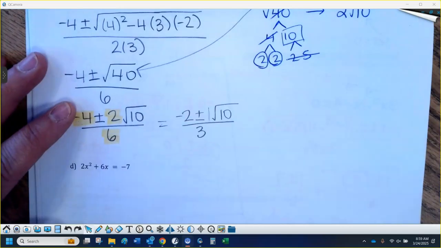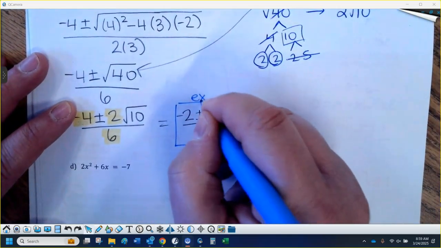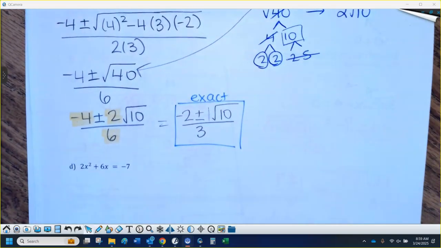Okay, now this is what we call an exact answer, because I have exactly what that's equal to. I didn't round anything. I reduced a little bit of a fraction, but that is what we call an exact answer. Now, on all the other questions we've had so far, we haven't had anything left under a square root, so we haven't had to do this.